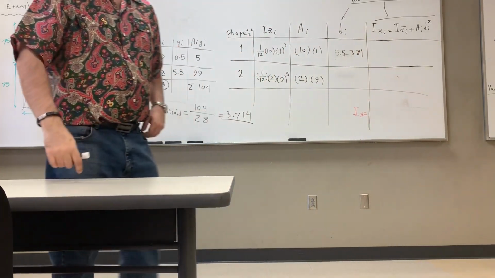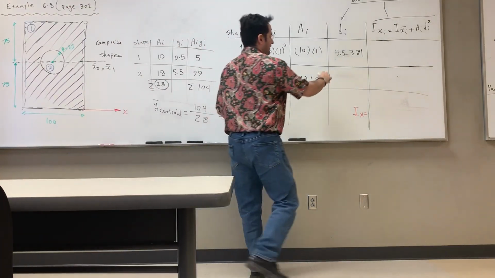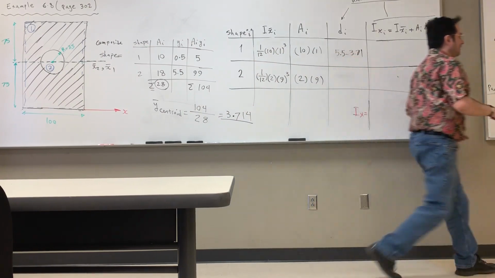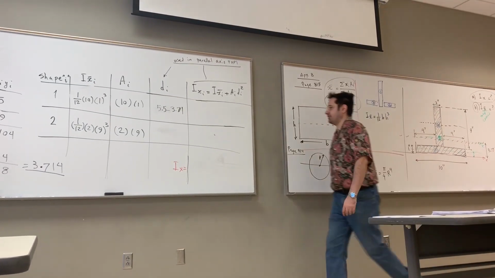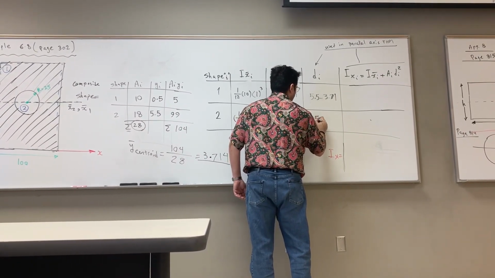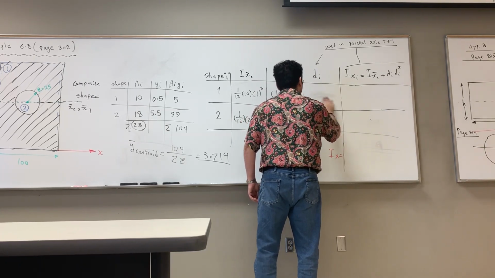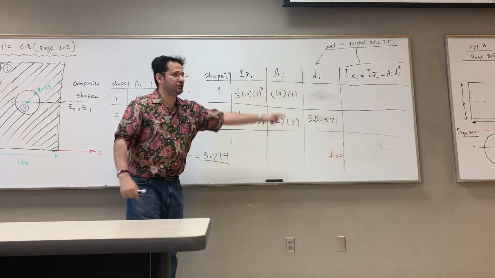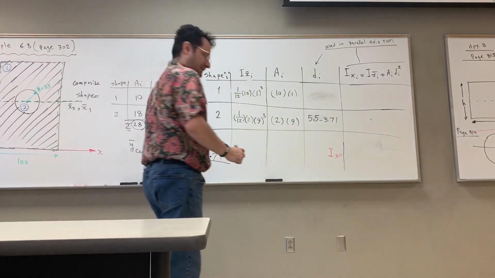Shouldn't that be for the second shape? Oh yeah, that's for the second shape. This is shape number 1; we computed this for shape number 1. So this goes here 5.5 minus 3.71 for shape 2. Now for shape 1, 3.71 minus 0.5. That's right.